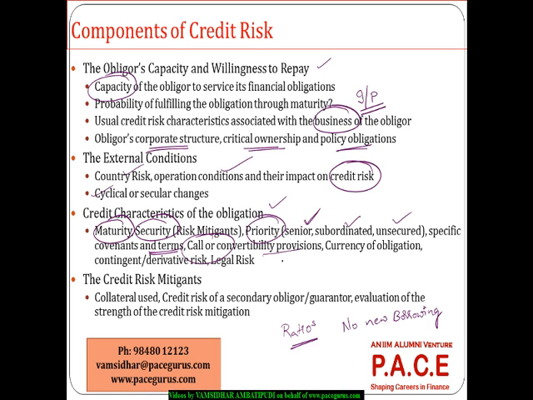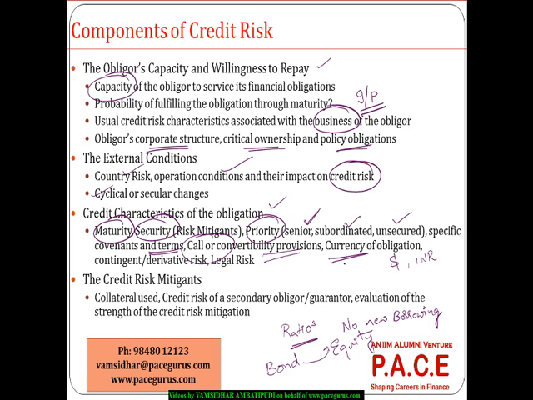Similarly, we can have a convertibility provision. Initially, it could be a bond, but it can have the provision to get converted into equity. So, is there any such provision on the bond? And what is the currency of the obligation? Is it in dollars? Is it in Indian rupees? Or in which kind of currency is it?